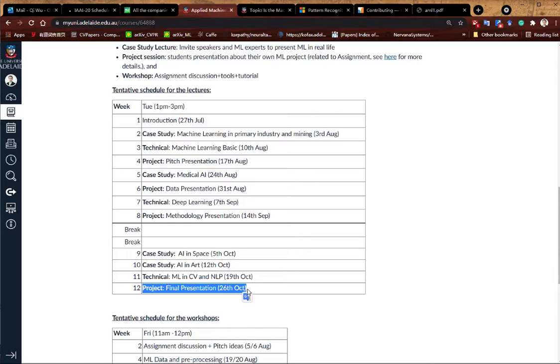Basically, you are supposed to submit a final report and a final presentation about the whole process. It's like a technical paper. You have the abstract, you have the introduction, saying what the motivation of your project is and why this problem is important. You can have a related work section about the history and related work in this direction.